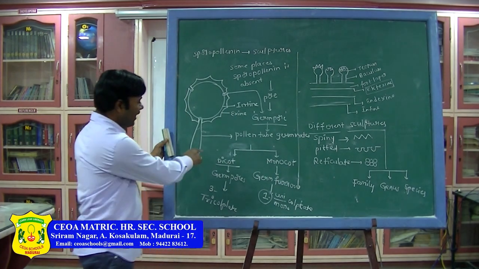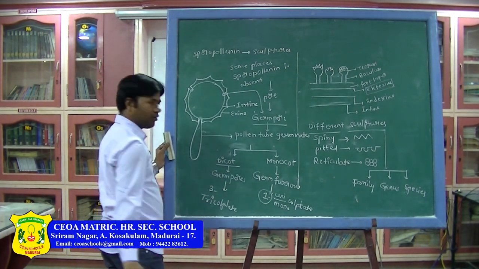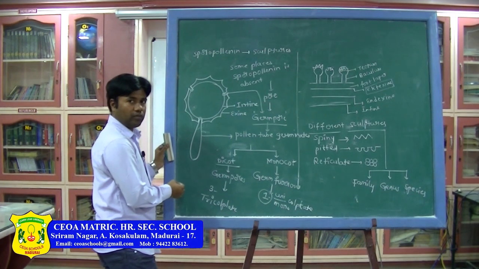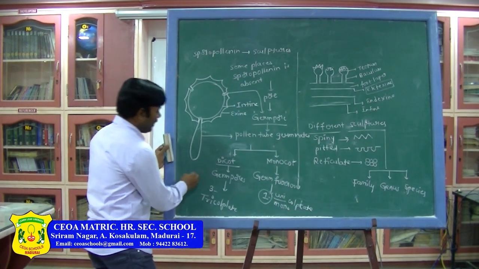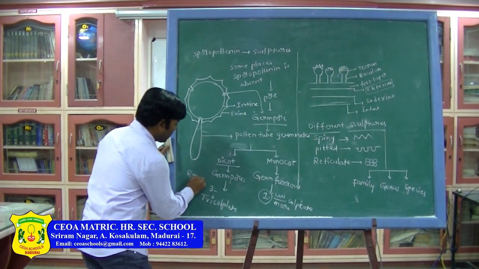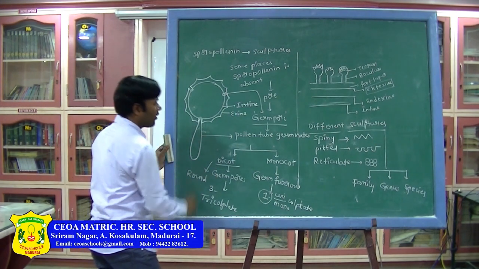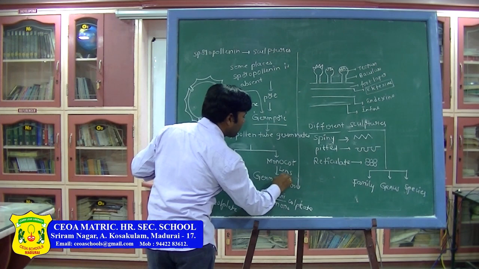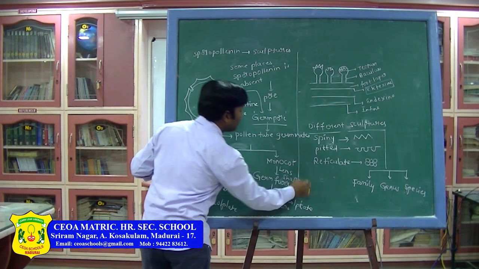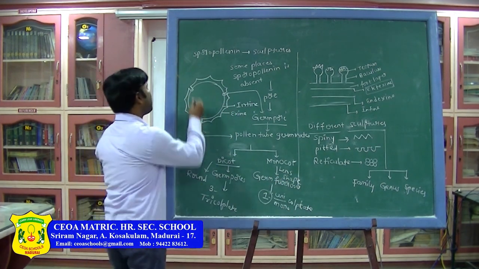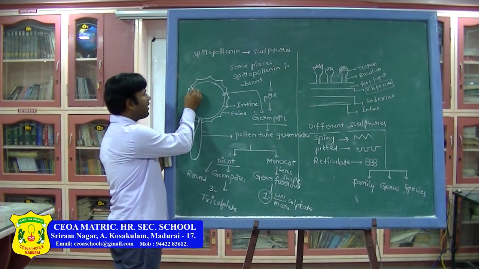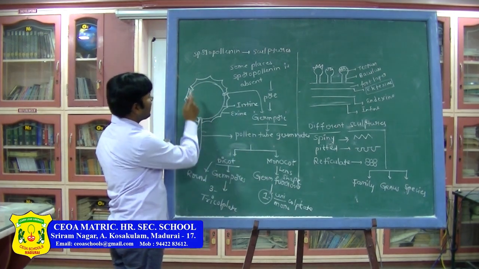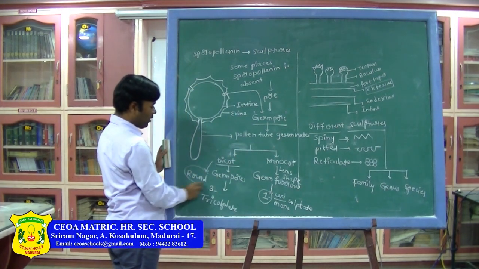In a dicot, the germ pore is round, spherical in shape, whereas in monocot it is lens shaped.